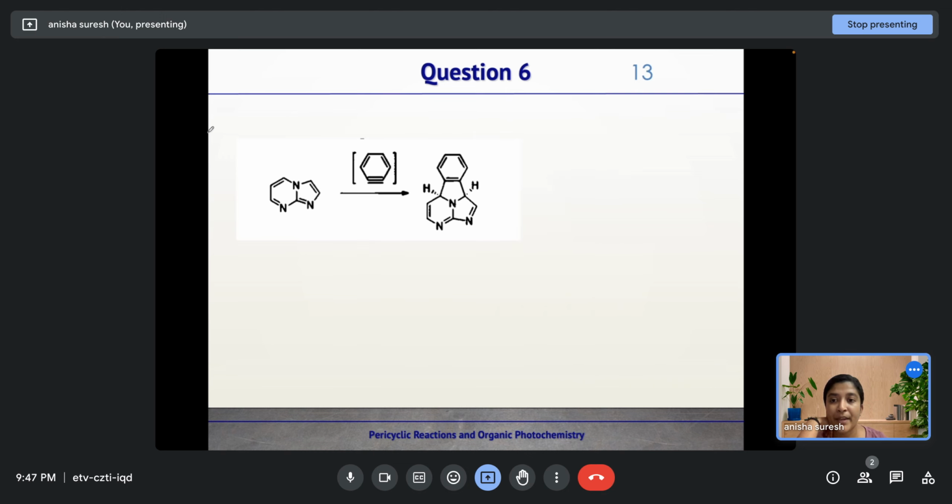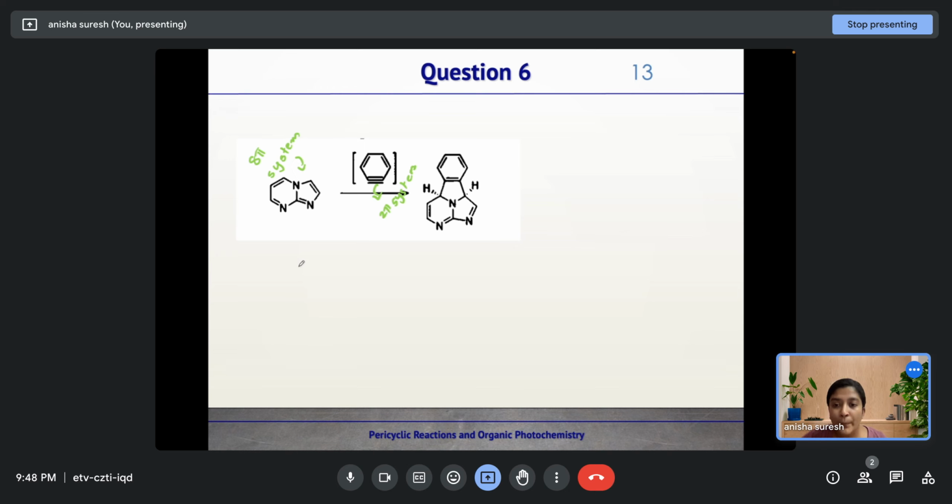So let us see. So this is a 1, 2, 3, 4. So this is an 8 pi system and this is a 2 pi system.